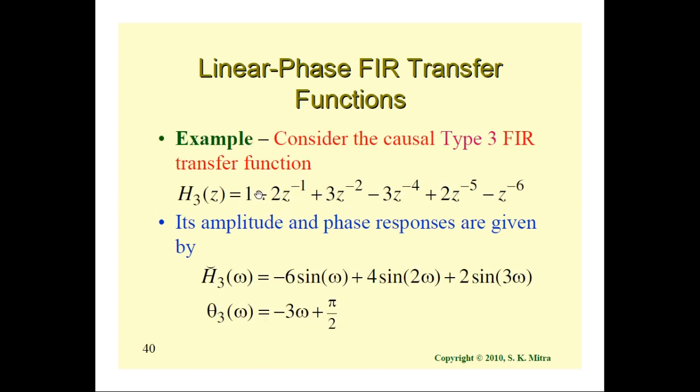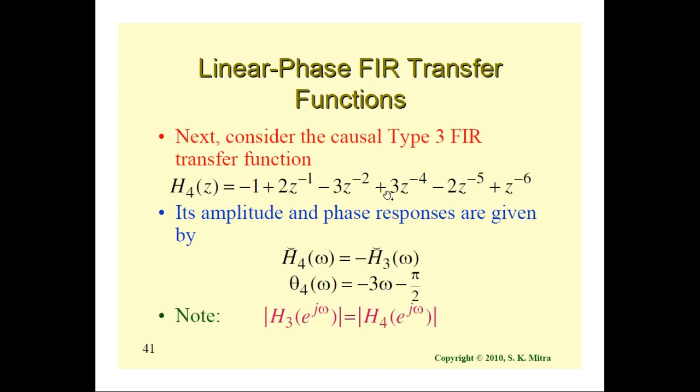Similarly, this can be seen in the case of a type 3 filter given as H3 of z. The related phase function is given here as minus 3 omega plus pi by 2, and the related amplitude response is given here as shown. And if we change the sign of the coefficients of this filter, we will again get a type 3 filter.